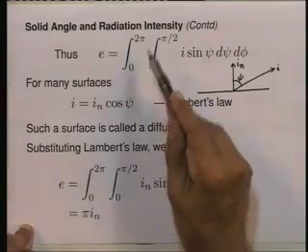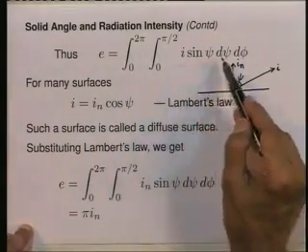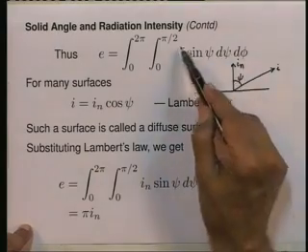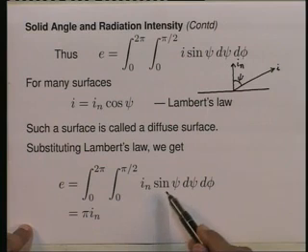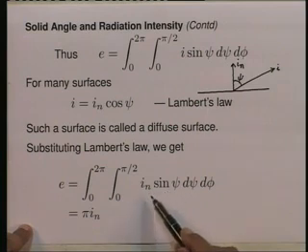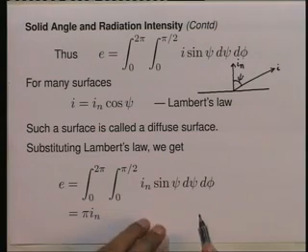Now, suppose we substitute Lambert's law into the expression we had earlier. E is equal to the integral 0 to 2 pi, 0 to pi by 2, of I sin psi d psi d phi. Instead of I, let us write I n into the cosine of psi. I think we have forgotten something here.